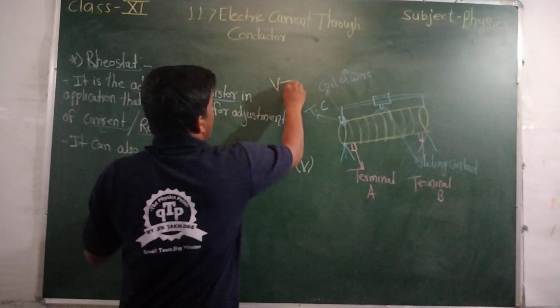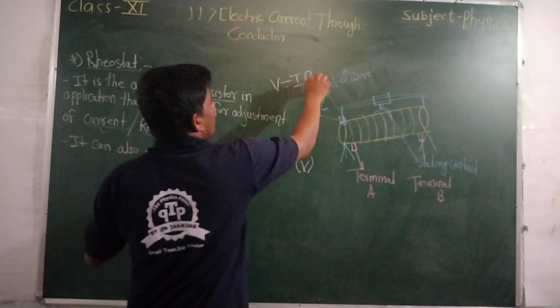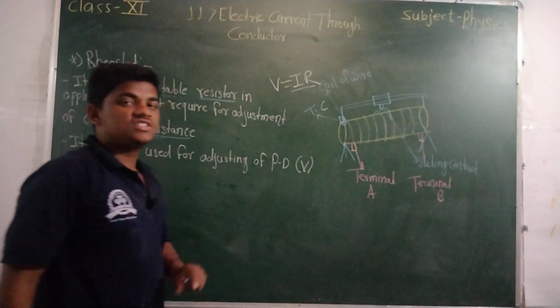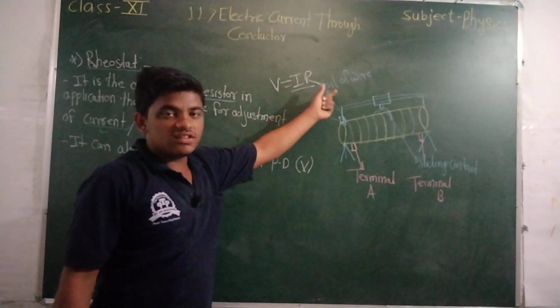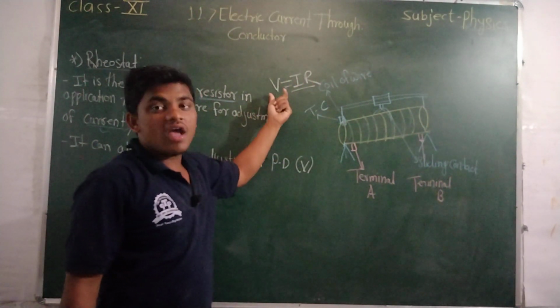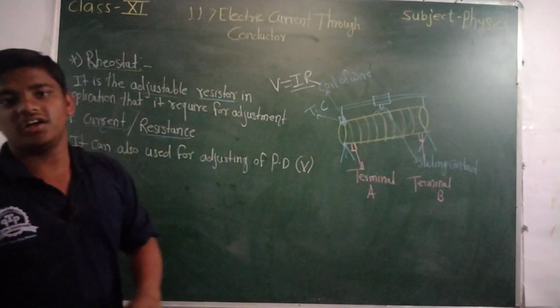We remember Ohm's law, or this formula. When any one of these things changes, the other changes automatically, so the potential difference can also be adjusted.